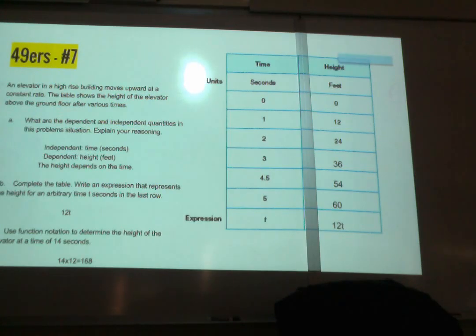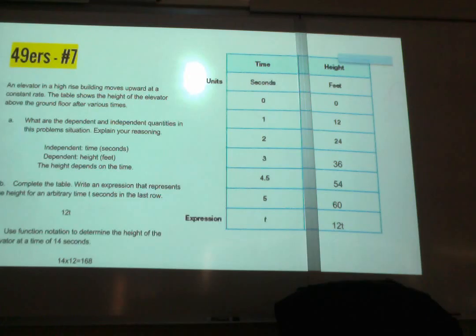And an expression that represents the height for every time t is in the last row, which is 12t, and the function notation to determine the height of the elevator at a time of 14 seconds is 14 times 12 equals 168. Good.